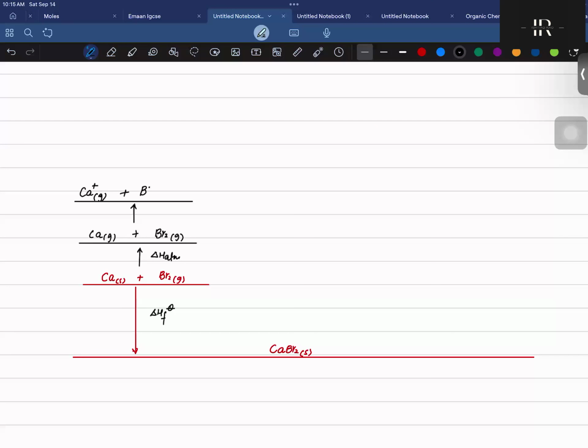Bromine is the same. Then calcium is in group 2, so there should be a second ionization energy of calcium. Okay. Then I would be writing calcium plus 2.